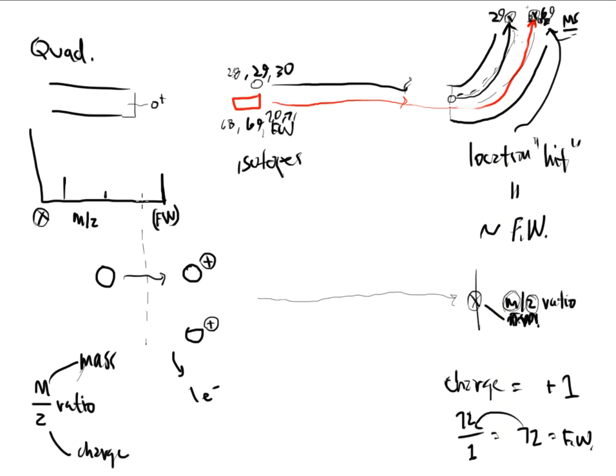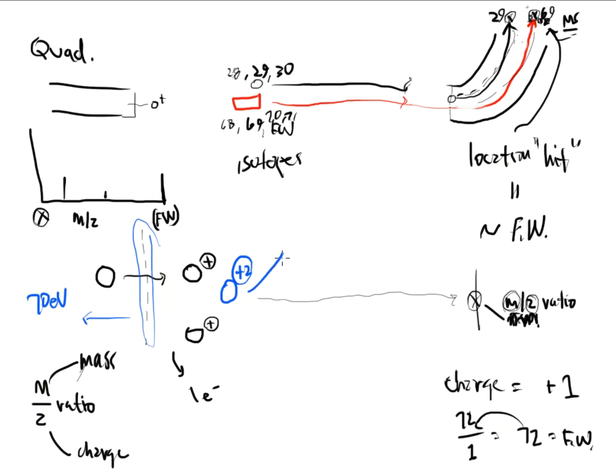That is why that happens, but here's the catch. All of this relies on the electron beam. This is another reason that we do 70 electron volts. Because if we slam it with too much energy, not only do we increase the fragmentation pattern, but we also might increase the chances of getting a positive 2 instead of a positive 1.